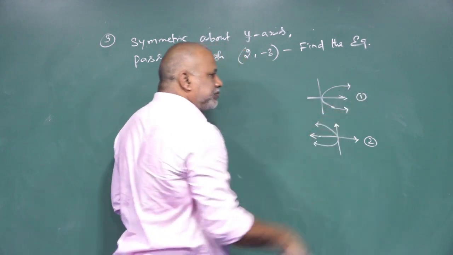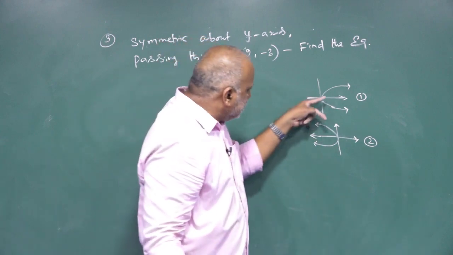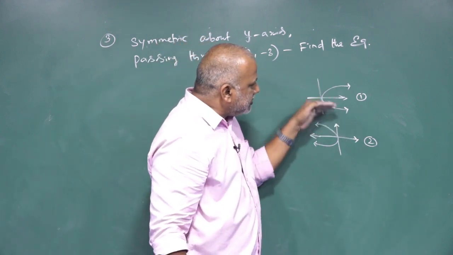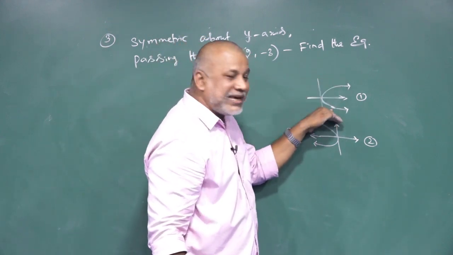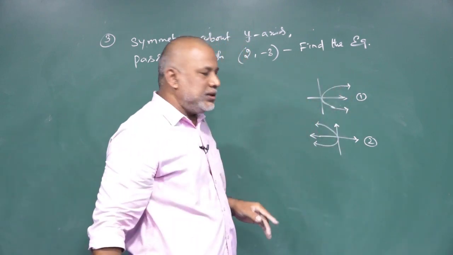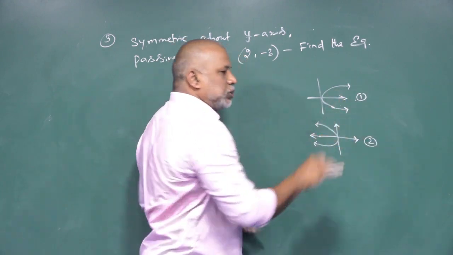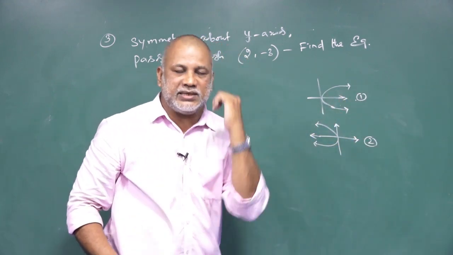See this diagram. What is the meaning of symmetry? Symmetry means identical. See this diagram, symmetrical about x-axis. Above the x-axis and below the x-axis is the same part only. Therefore this is called symmetrical about x-axis. Here also symmetrical about x-axis. So type number 1 and 2 are symmetrical about x-axis.